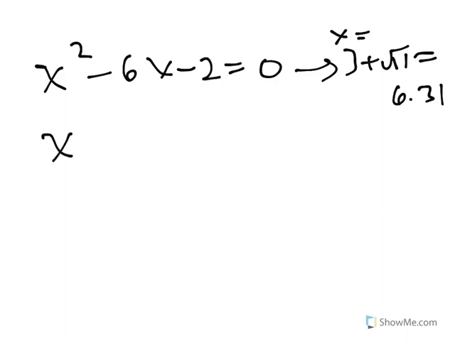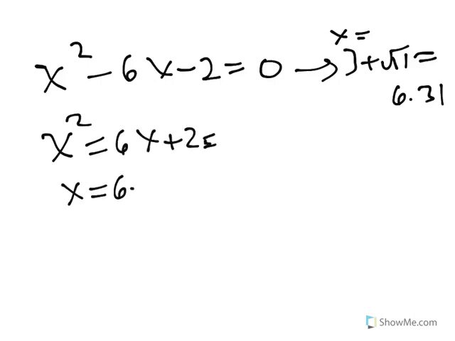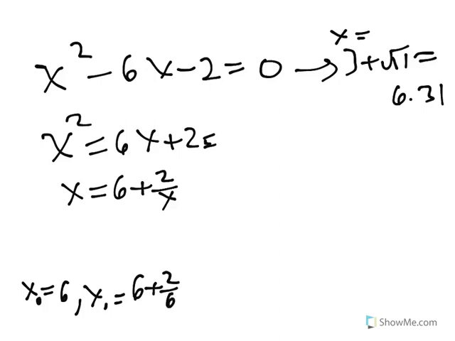Okay, you should end up with, here's our process, x squared equals 6x plus 2, which means x equals 6 plus 2 over x. The first convergent is 6. The second one is 6 plus 2 over 6, which is 6 1/3, which is 19 over 3.